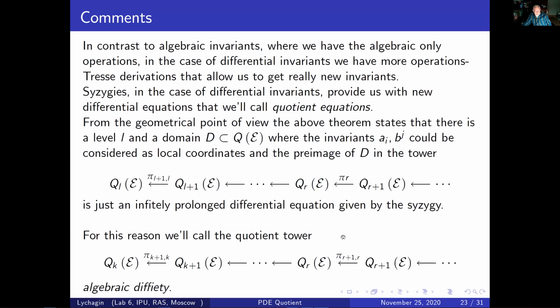Two such differential equations are related to each other by a rational differential transformation, meaning rational transformations that involve not only our functions A and B, but also their derivatives. Let's call this algebraic differential, in the sense that an algebraic manifold differs from a smooth manifold by the assumption that transformations should be rational. So here also transformations will be rational.